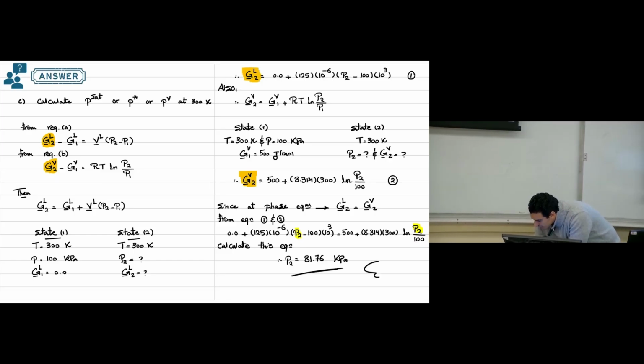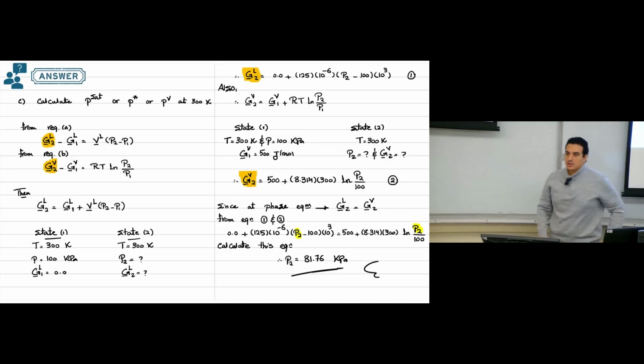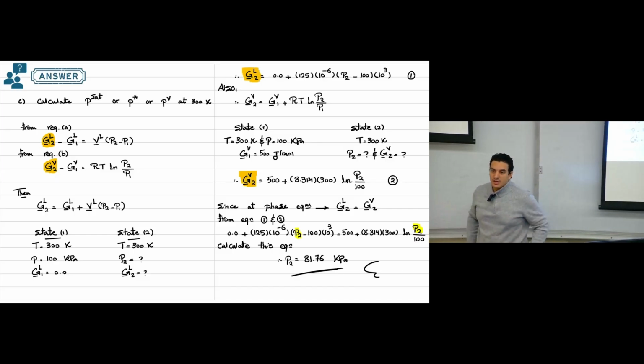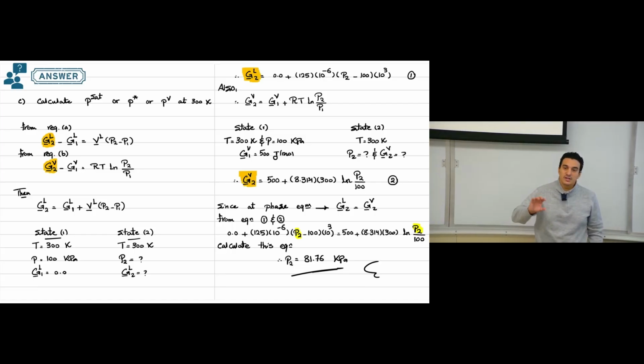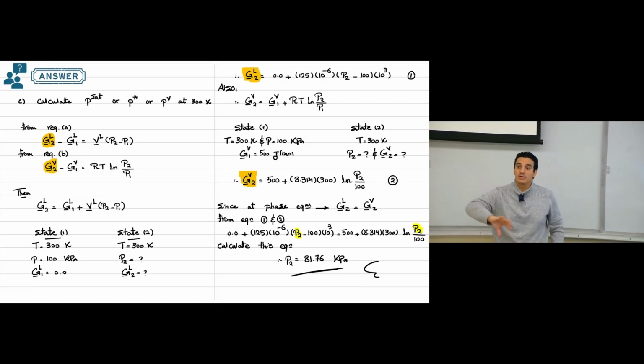This is the vapor pressure. So we used the criterion of phase equilibrium here to find the temperature and the pressure at which phase equilibrium or phase change will occur.